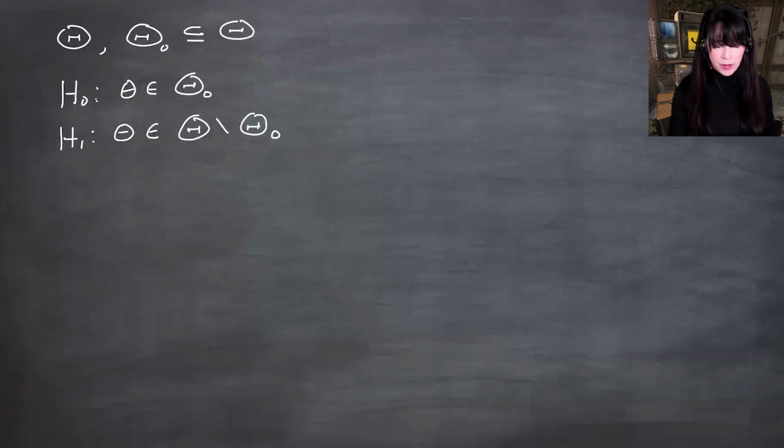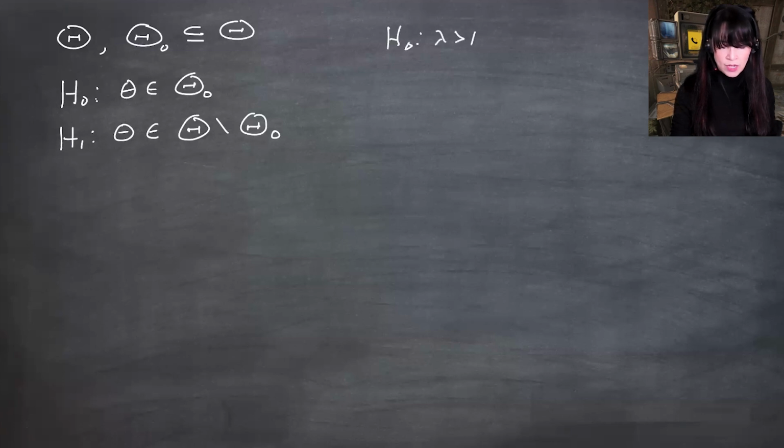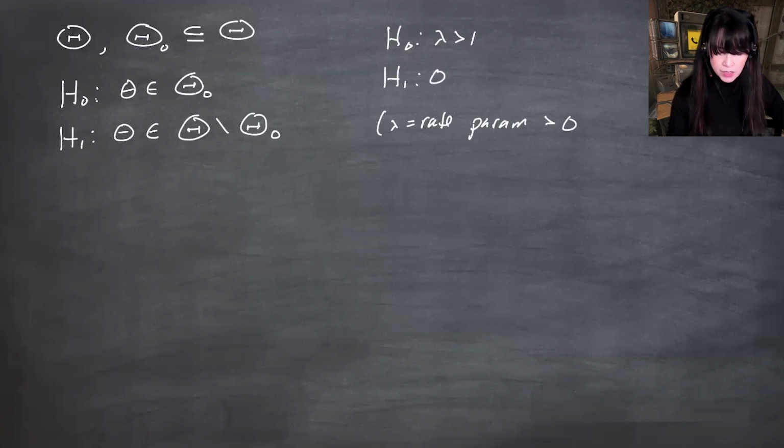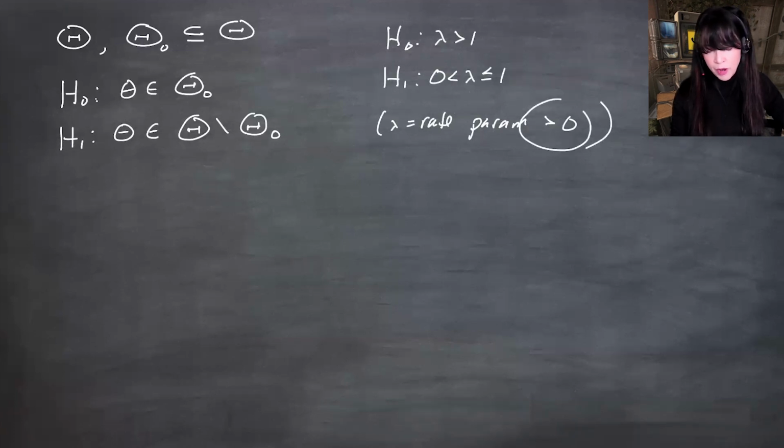So again, if you had a lambda and your null hypothesis was that lambda is greater than 1, your alternative would be the complement, but in the space. And if lambda is, say, a rate parameter of an exponential or something else, that's greater than 0, the alternate hypothesis is going to be a complement with respect to this space.